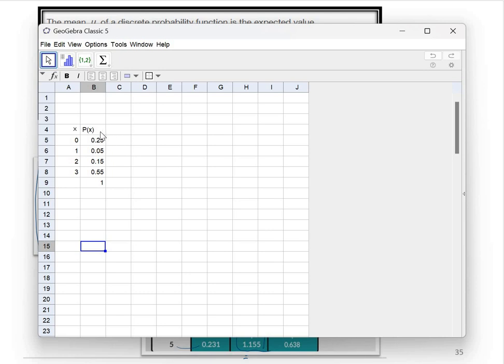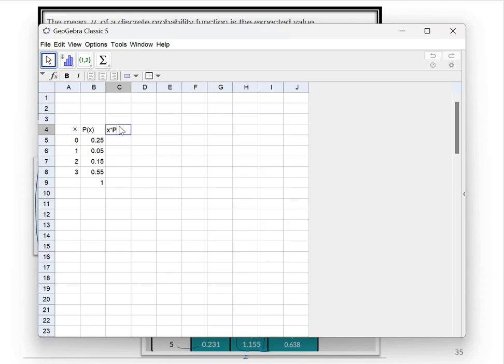To find the mean value, we need to find x times p of x. We want to input it this way. How to find the mean? That is x times p of x.